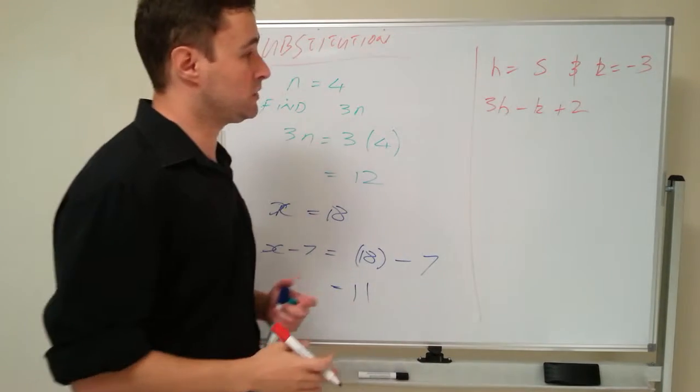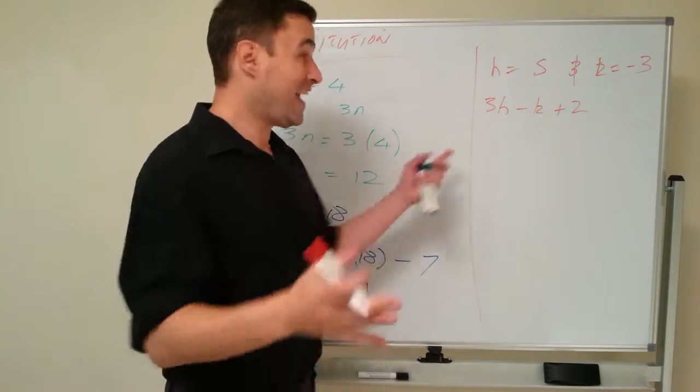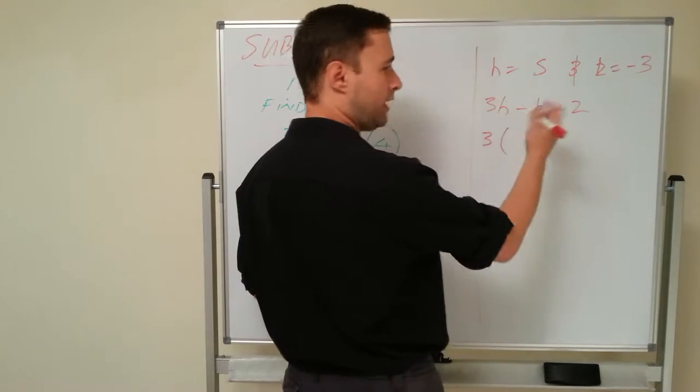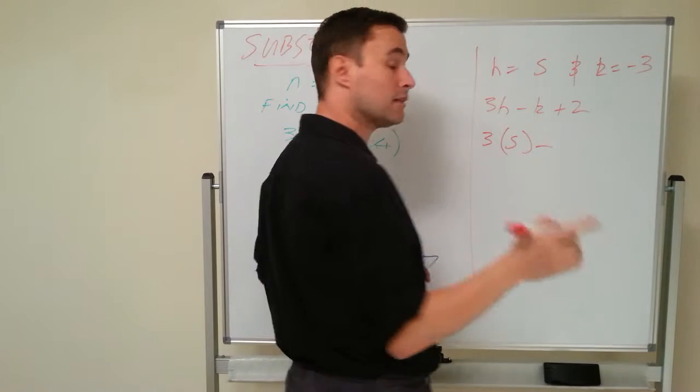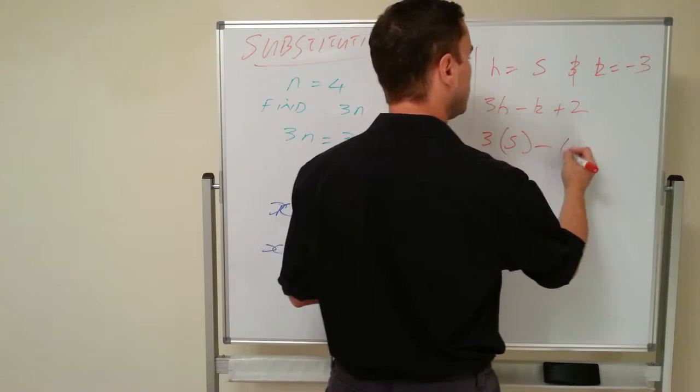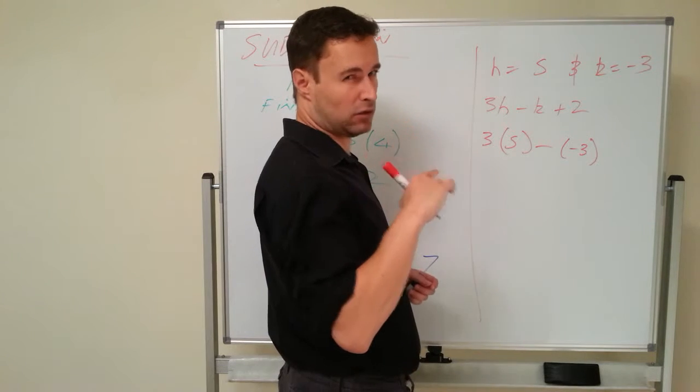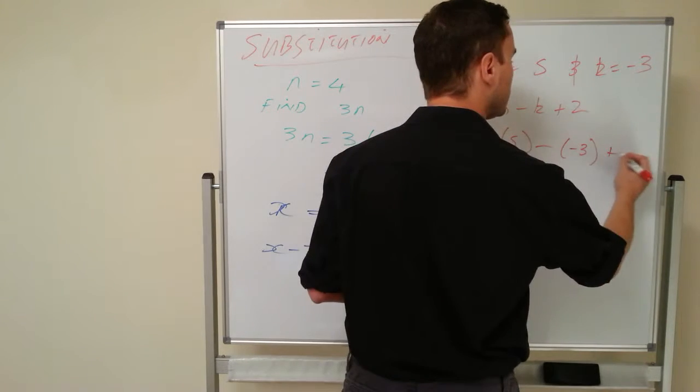Alright, so that's my first step. Write out the equation. Second step, actually take the numbers and put them in there. Alright, no worries. 3h is 3 times 5, minus, now watch, minus k, which is negative 3. Okay, not just 3, negative 3, plus 2.